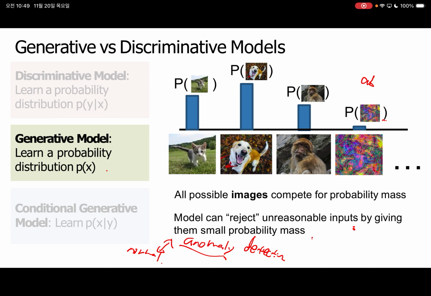So if we have a generative model, then we can get the likelihood of all data, and for data whose likelihood is very low, we can reject such data. We can say that such data does not belong to the normal distribution. So we can reject unreasonable inputs by giving them a small probability mass.